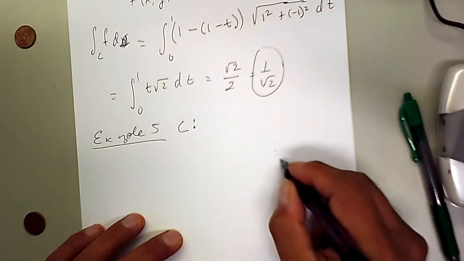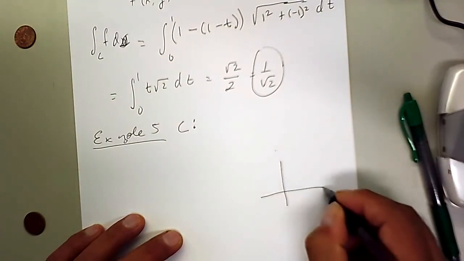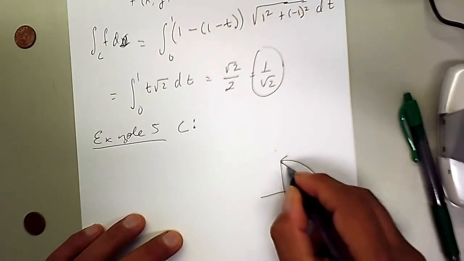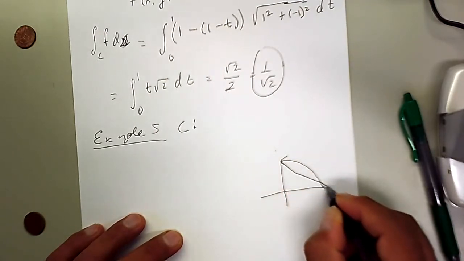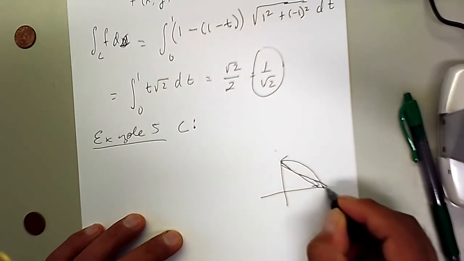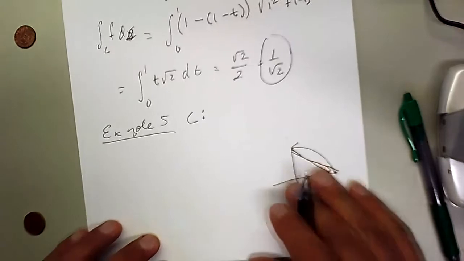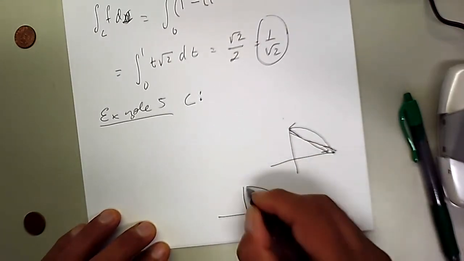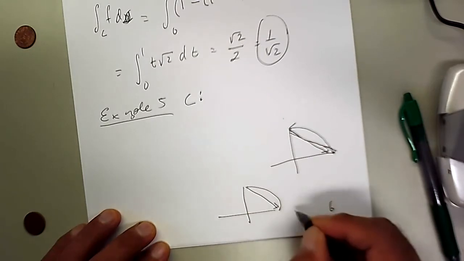We're going to go along a quarter of a unit circle and then come back in a straight line, straight back to where we started. So let me draw a picture again. Quarter of a unit circle and straight back.